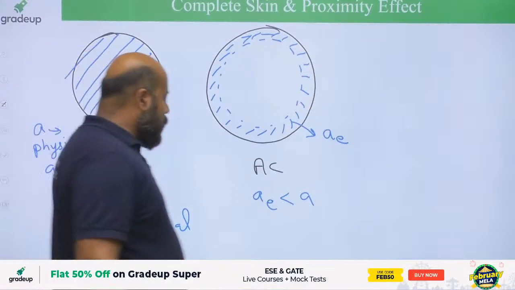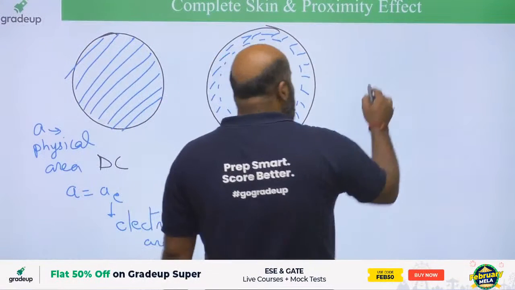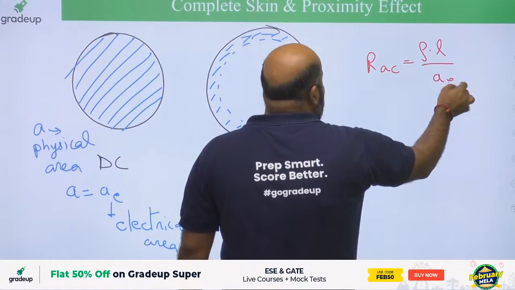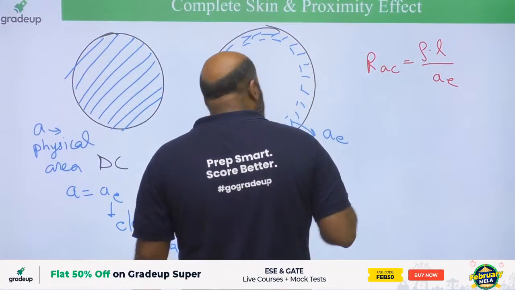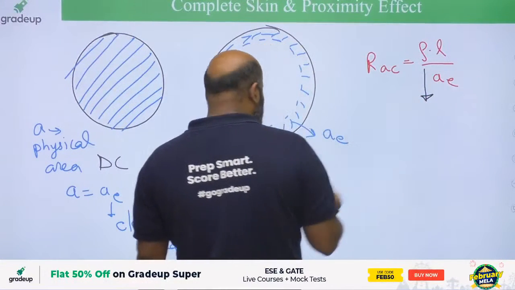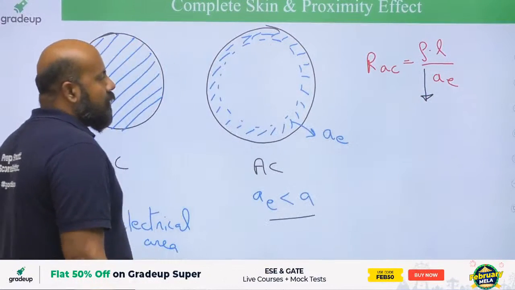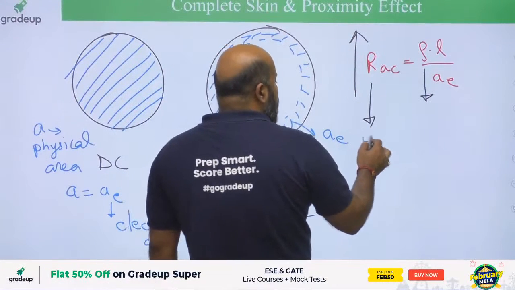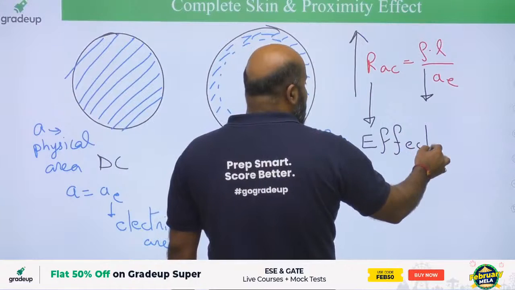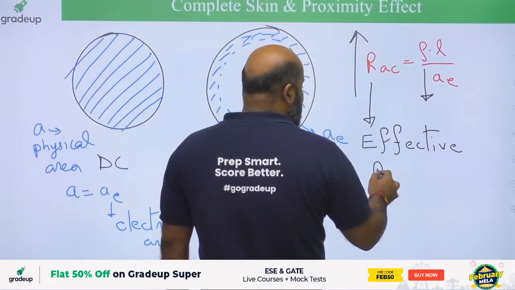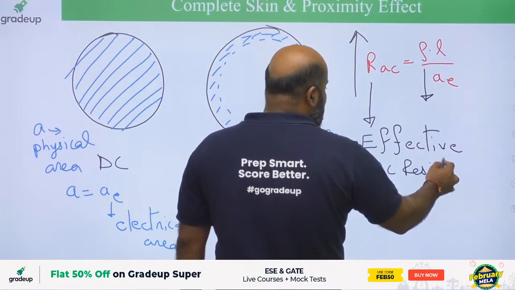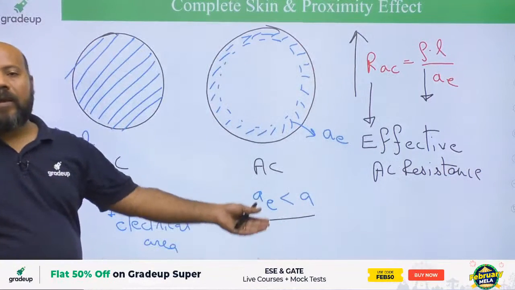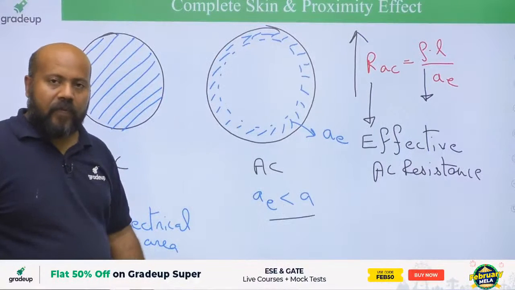If you write the AC resistance, which is given as rho L upon A electrical, and A electrical is a lesser value than the physical area of the conductor, then the effective AC resistance is going to be a higher value.